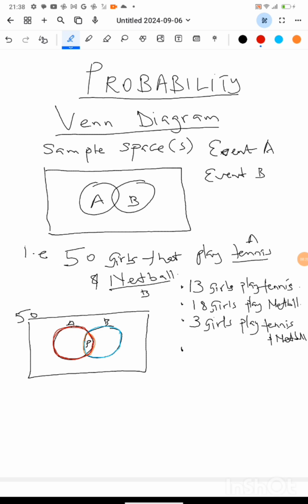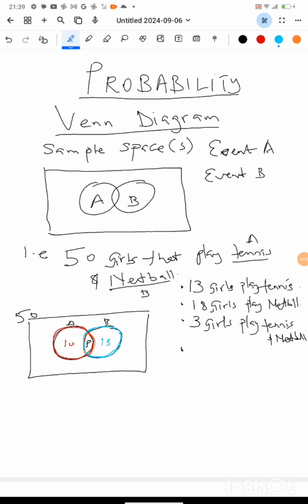So that then means that this part here should be 10, because it's 13 minus 3. Now when we go to girls that play netball, which we indicated is the blue circle, inside the blue circle we already have 3 girls. That means what is left is to then put 18 minus 3, which is 15.